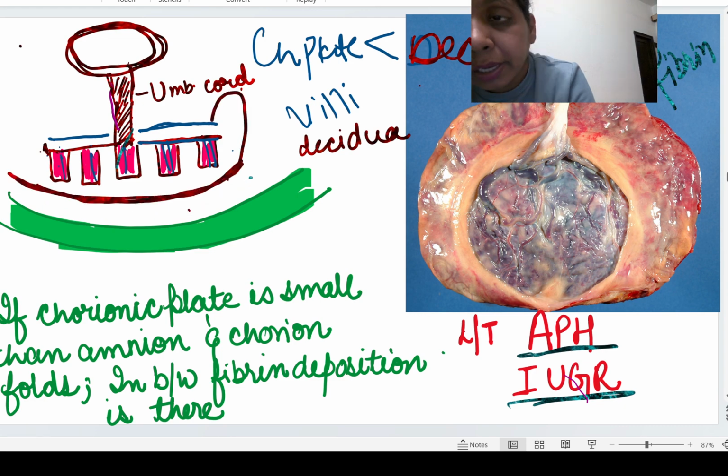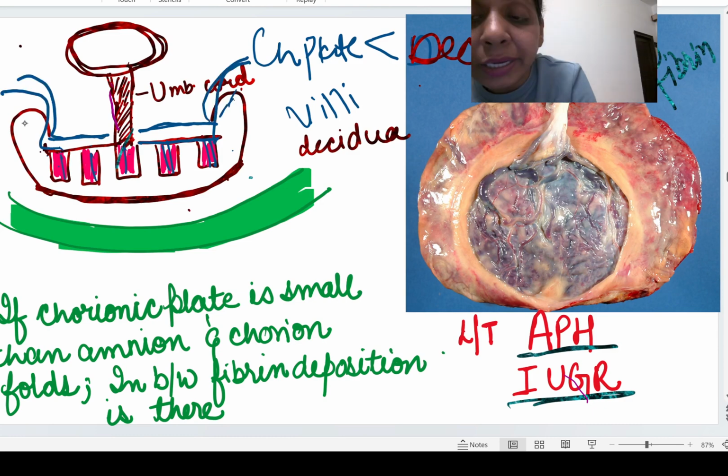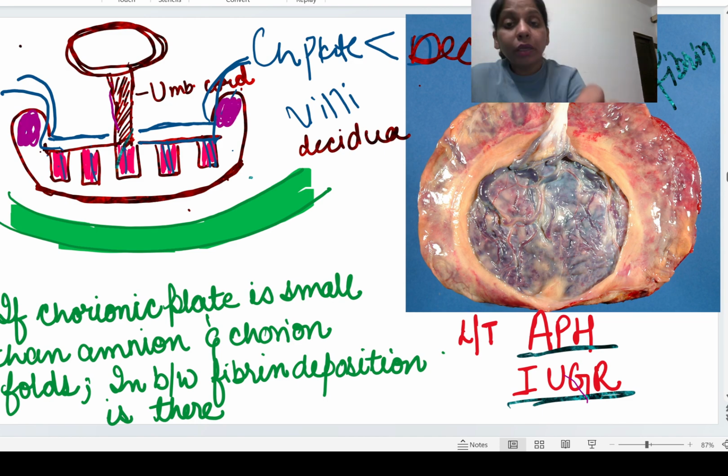It folds on it like this, right? These are amnion and chorion, and this is the folded decidual plate. And in this folded decidual plate, fibrin and other things get deposited, which leads to APH and IUGR.